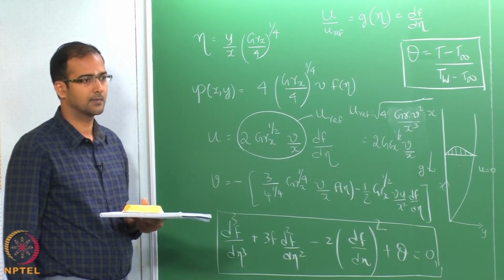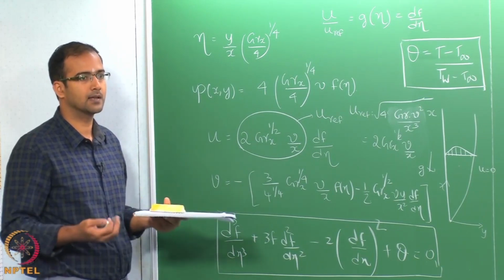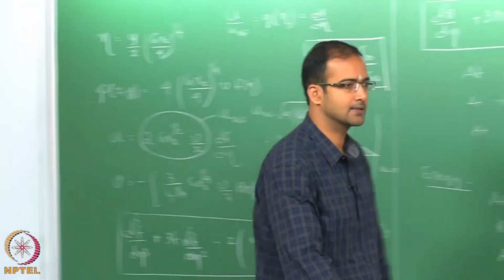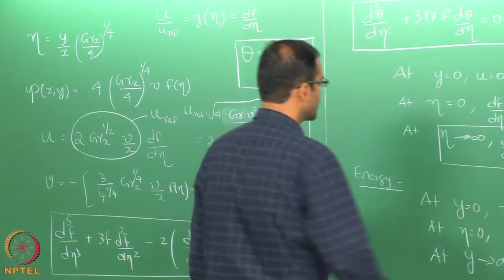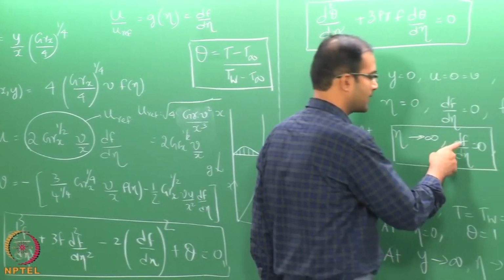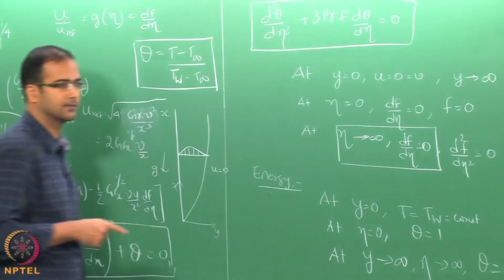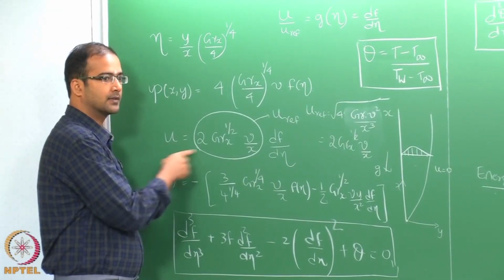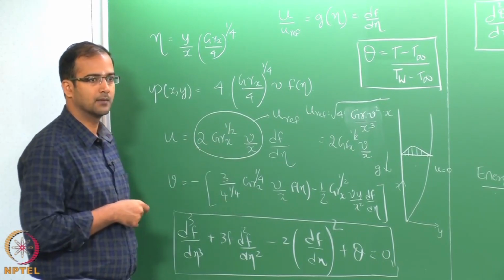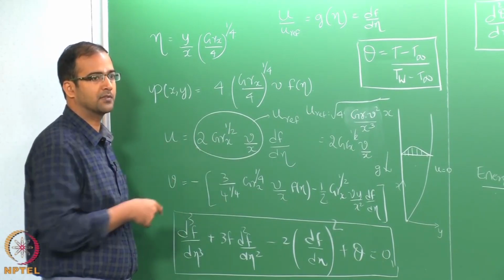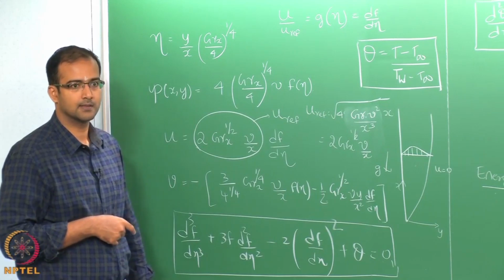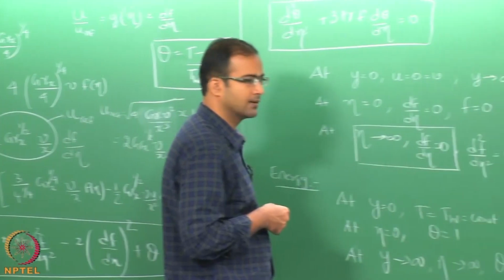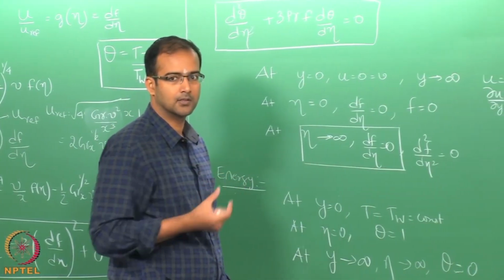Since here you do not have any u infinity, you introduce a reference velocity and this is the reference. So, in the original Blasius case, therefore, eta going to infinity df by d eta was 1. So, u by u infinity, u is equal to u infinity. So, therefore, df by d eta was 1, but here we cannot say u approaches u reference, it is u is 0. So, therefore, df by d eta is therefore 0 here. So, this is the difference also in the boundary condition.